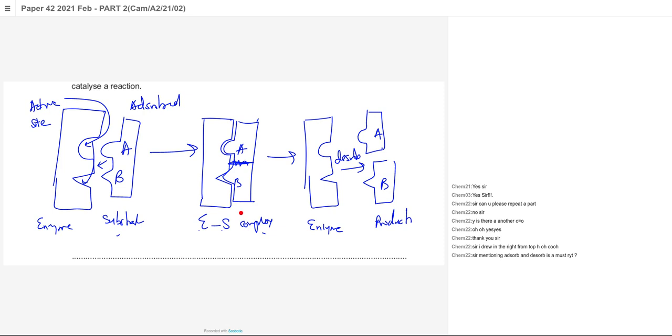The substrate molecule gets adsorbed to the active site of the enzyme, where the enzyme breaks the bonds of the substrate.